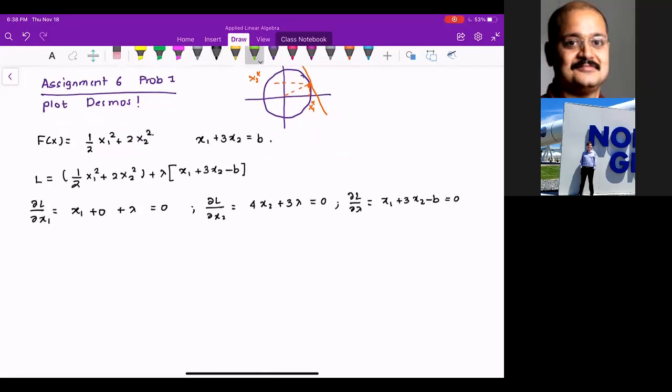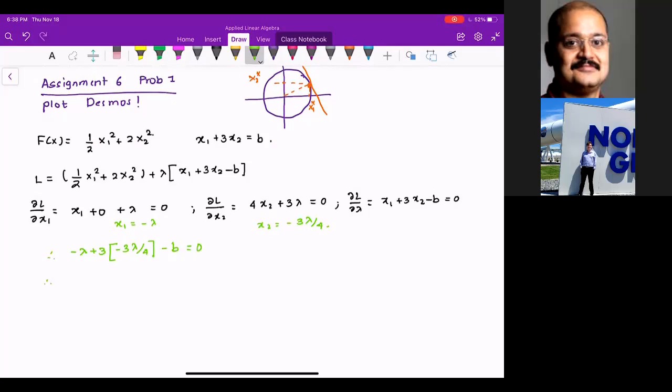Now we need to substitute. As you know, x1 is equal to minus lambda, x2 is equal to minus 3 lambda by 4. Substitute that in the expression: minus lambda plus 3 lambda by 4 minus b is equal to 0.